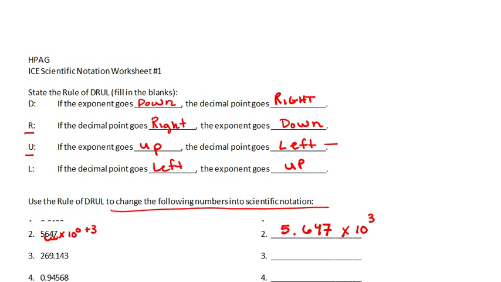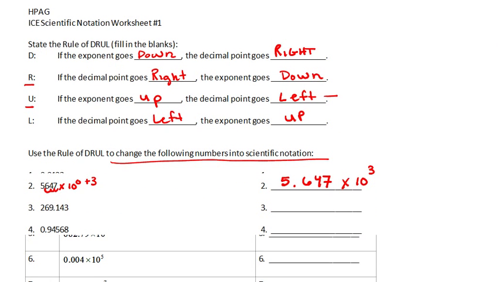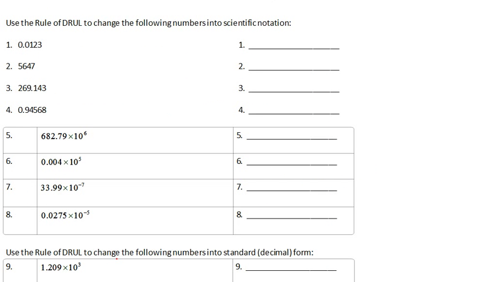Let's look at another example, problem number 4. Let's say I multiply this one times 10 to the 0, because that doesn't change the value. I really need to move this decimal one place to the right so that it follows the first rule. That will give me 9.4568.